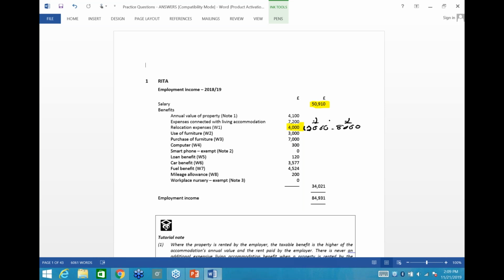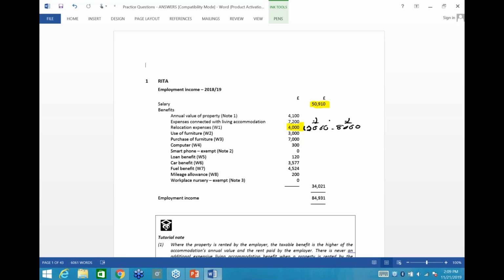A minister is given an official residence, that's job related. A hotel worker is provided with accommodation, that's job related. Those are exempt benefits. But if you're given accommodation and if it is not job related, then it is a taxable employment benefit. Now, how do you calculate that taxable benefit?